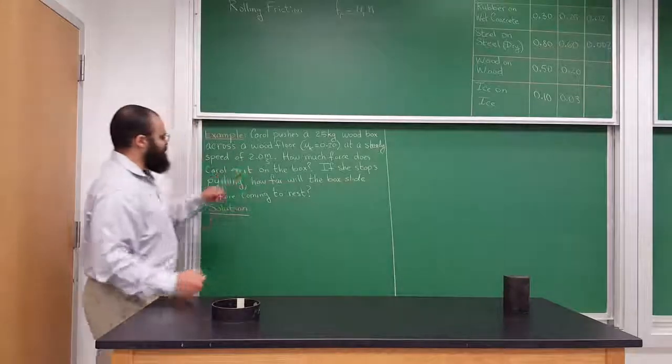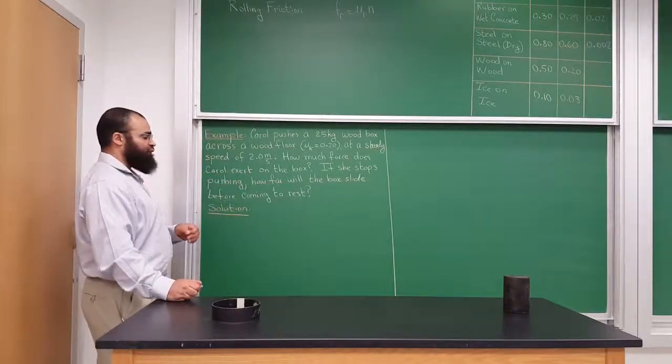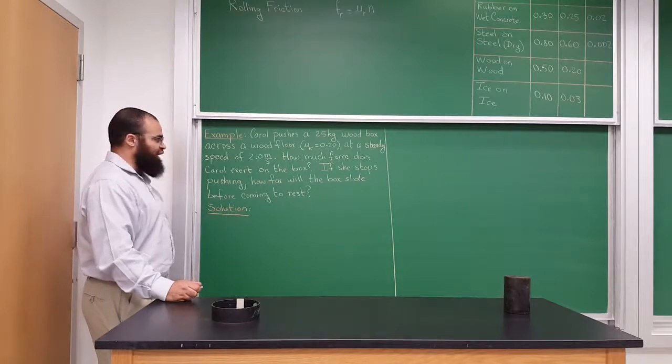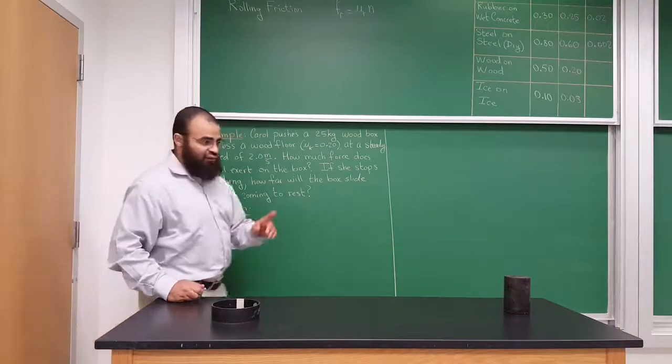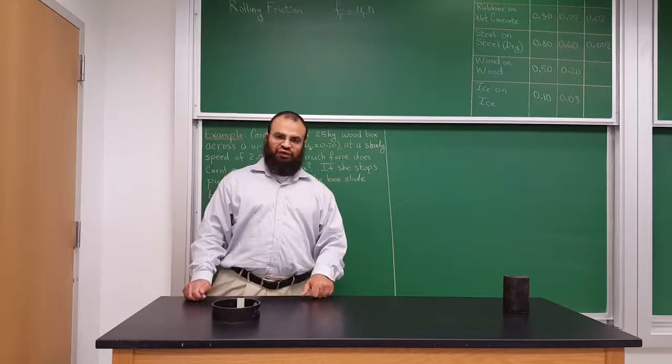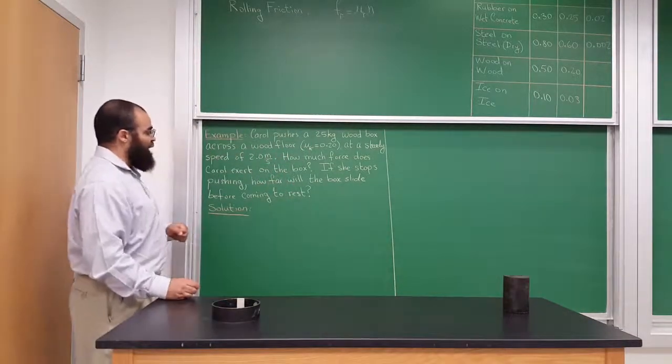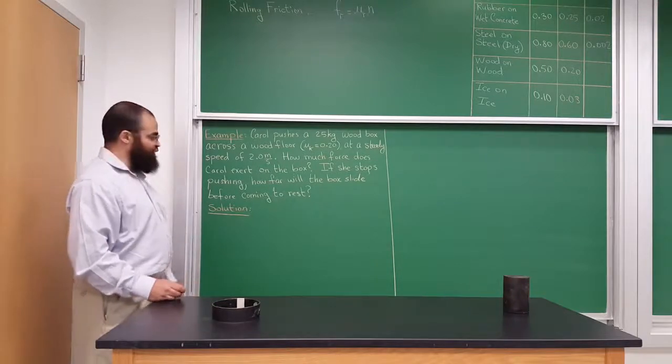And the speed is 2 meters per second. If the speed is constant along a straight line, it means the velocity is constant. If the velocity is constant, then the net force has to be 0 by Newton's first law. So how much force is she pushing with?